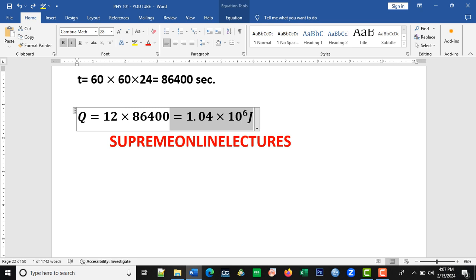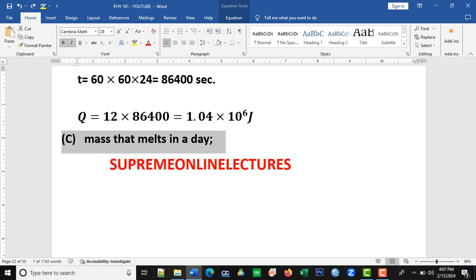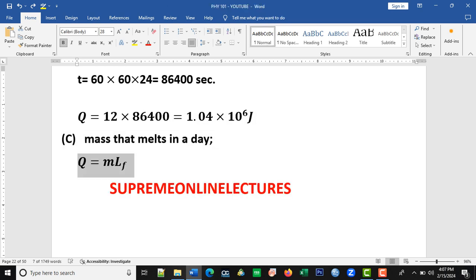Of course, you should recall that expression. For the mass that melts in a day, we are going to use the expression Q equals m L_F, where L_F represents the latent heat of fusion of ice, and this is m, the mass of ice.